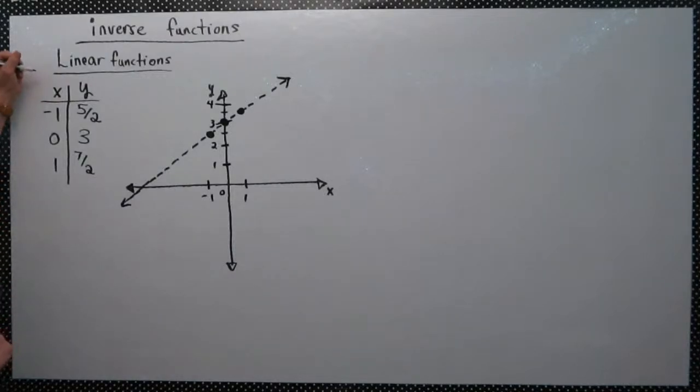And so basically, when you go to decide whether a relation is a function, what you're doing is looking specifically in your domain for repeating values.